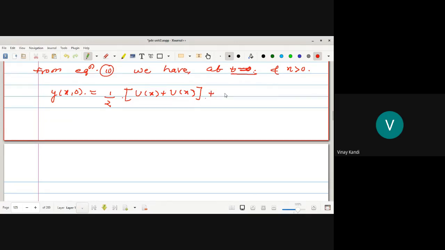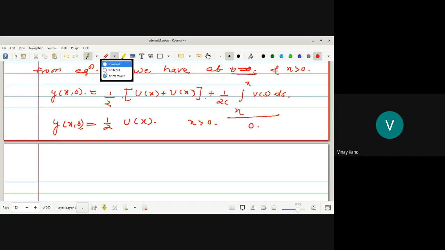Okay, plus 1 upon 2c integration काय येईल मग x to x v of s ds. ओके, ही टर्म किती येईल, x to x म्हणल्यानंतर 0 येईल. ओके, so which is equal to 1 upon 2 into 2 u of x म्हणजे काय येईल, 2 to get cancel. Okay, x greater than 0. This is y of x,0.